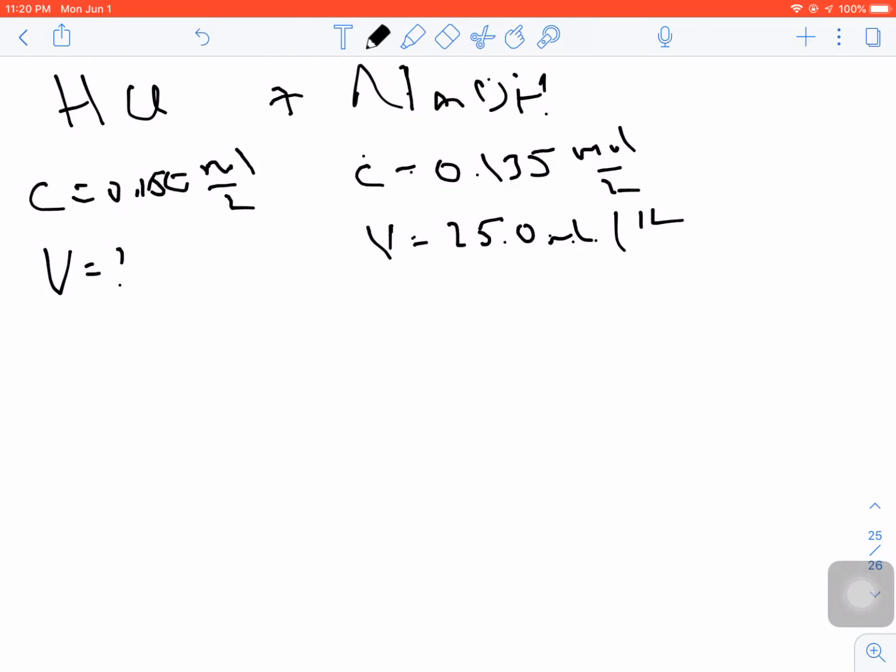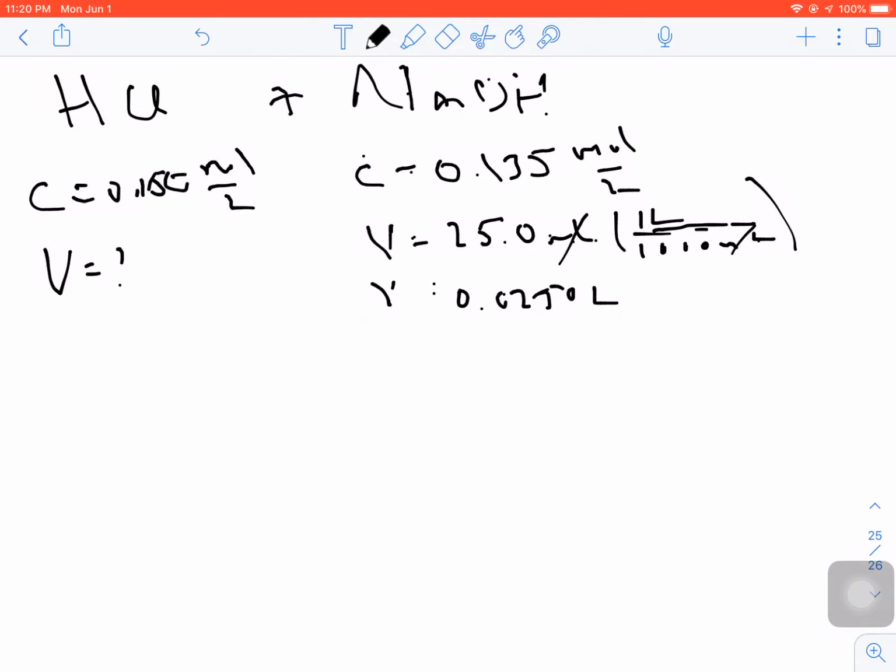So I know that 1 liter is the same as 1,000 milliliters. And my milliliters will cancel, and I'll be left with 0.0250 liters. So there's my volume of NaOH.